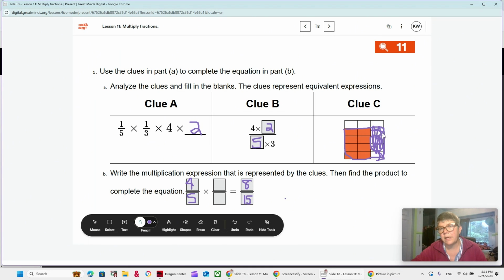And then this way we have thirds. And of course, that would be colored in as well, our 2/3. But we're only using the overlap, the 8. So 2/3 times 4/5 is 8/15. All right. And we want to make sure that we're matching all of the clues there to make them all work. So there we go.